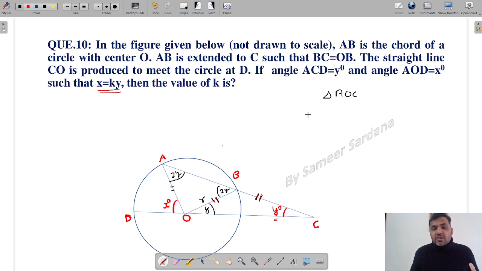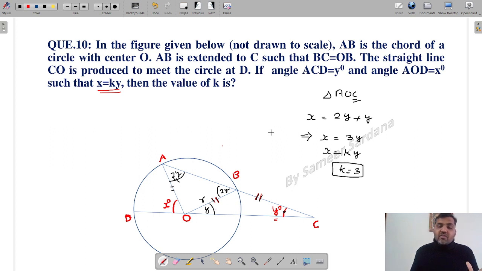The angle DOA, which is X, is the exterior angle, equal to the sum of the two opposite interior angles, that is 2Y plus Y. So X will be equal to 3Y, and because it's given that X is equal to KY, K is equal to 3, right? So the value of K is equal to 3. This is the correct answer to the question, guys.